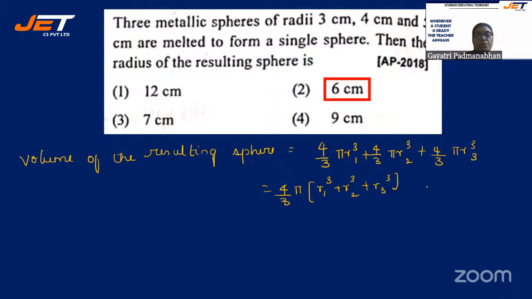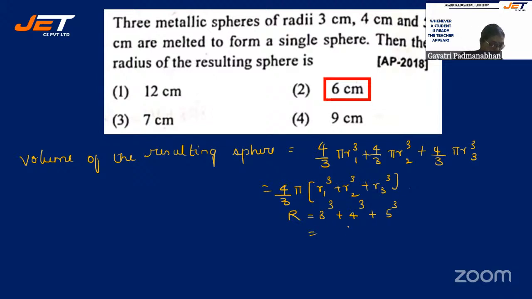Right. So here they say that the metallic sphere of radius 3 centimeter, 4 centimeter, 5. So R1 is 3 centimeter, R2 is 4 centimeter, R3 is 5 centimeter. So what is this? This is nothing but R cube.